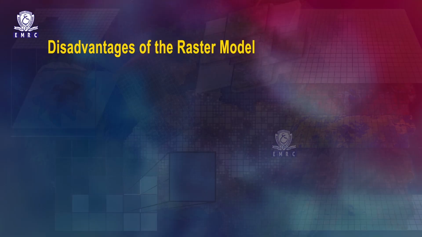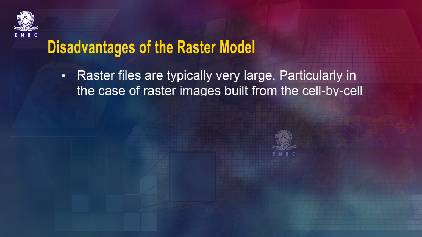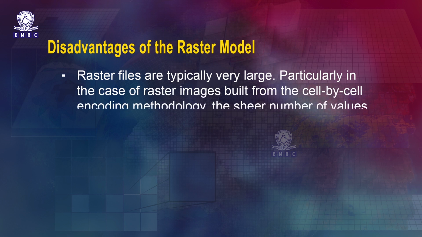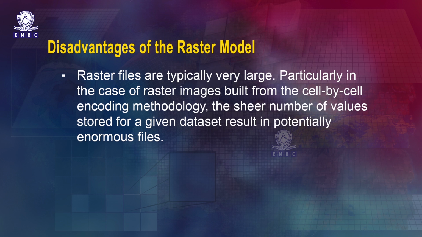Despite the advantages, there are also several disadvantages to using the raster data model. The first disadvantage is that raster files are typically very large, particularly in the case of raster images built from cell by cell encoding methodology. The sheer number of values stored in a given data set results in potentially enormous files.